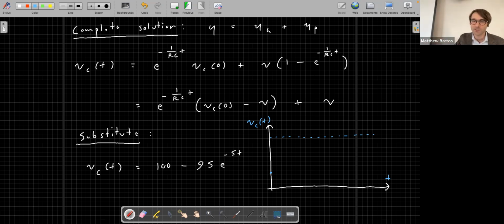You'll get that the system starts with an initial voltage. So this is 5 volts, and it rises up and approaches this final voltage of 100 volts. Okay, so that is what the response of the system will look like.